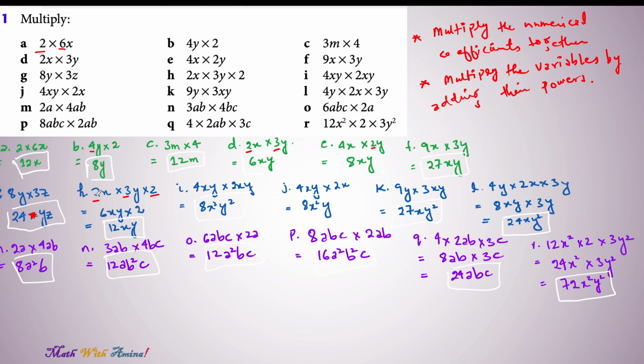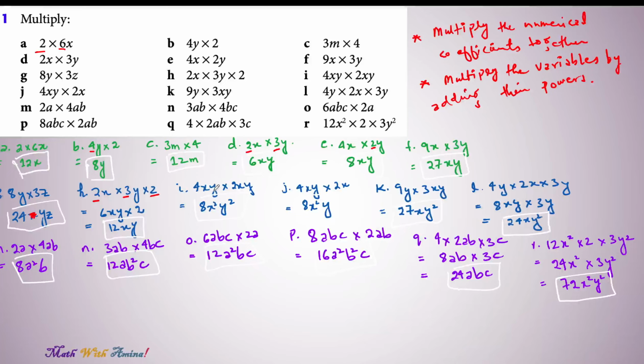First we will multiply the coefficients together. So 2 multiplied by 3 is equal to 6. Since the variables get multiplied as well, x into y is equal to xy. So we will get 6xy multiplied by 2, this constant. 6 multiplied by 2 is equal to 12. Since it is getting multiplied with this whole term, it would be 12xy.